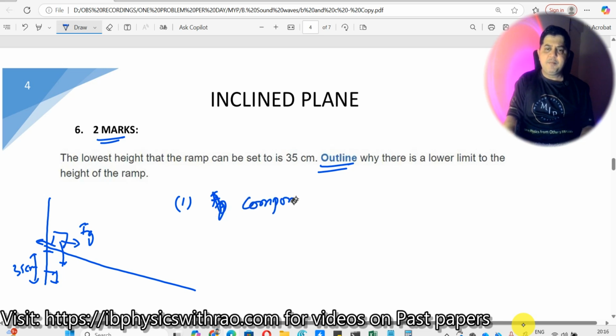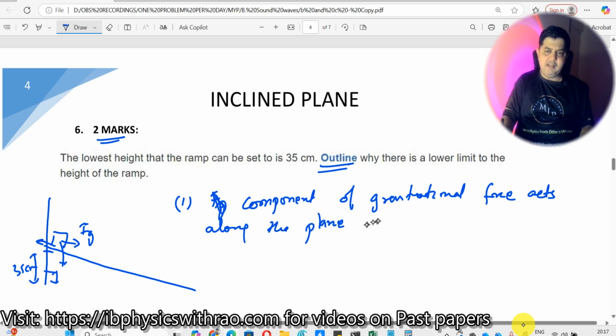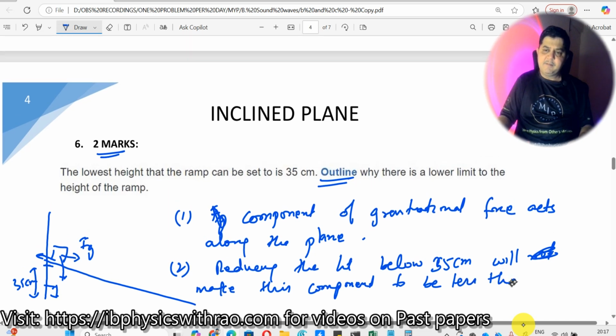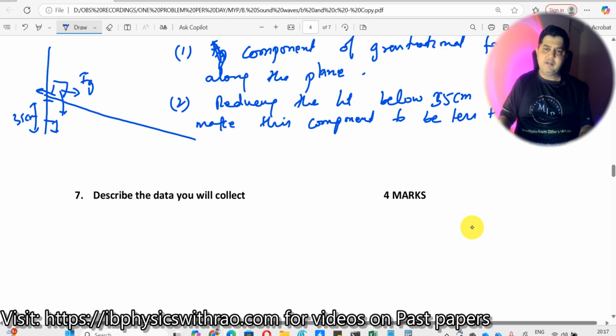I should write: the component of gravitational force that acts along the plane; reducing the height below 35 centimeters will make this component less than the frictional force.